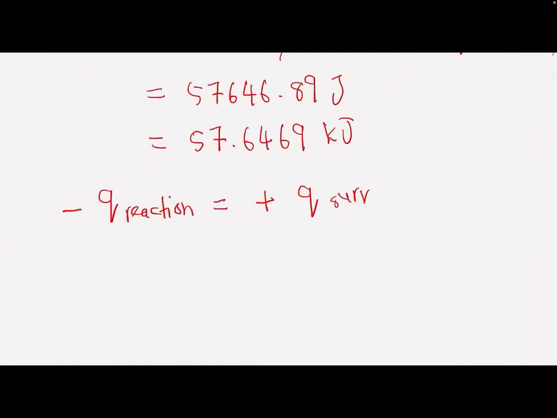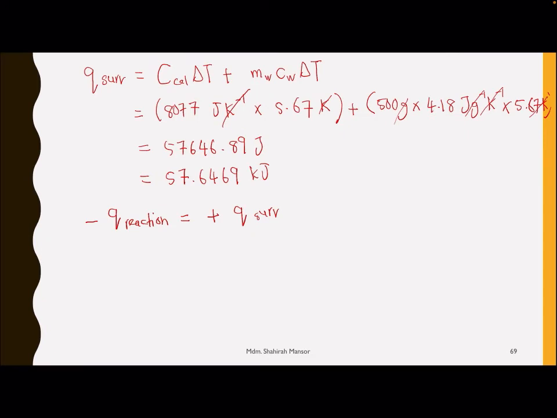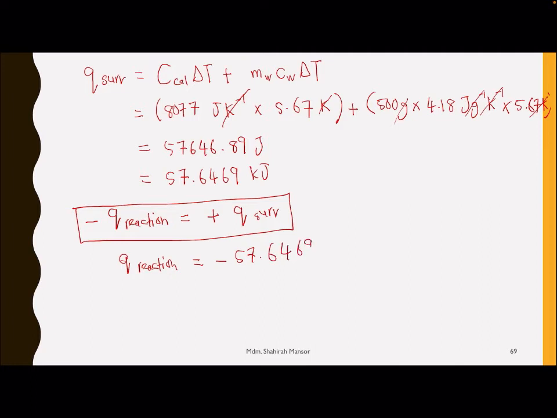Now we already have the amount of Q surrounding, so from this formula you can find the heat released from the reaction, Q reaction. So our Q reaction will be negative 57.6469 kilojoule.